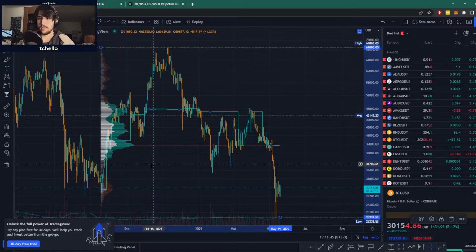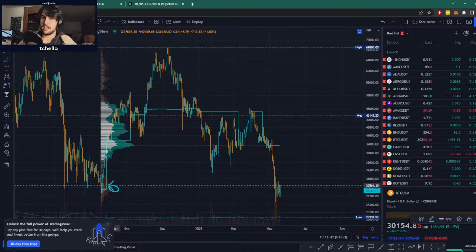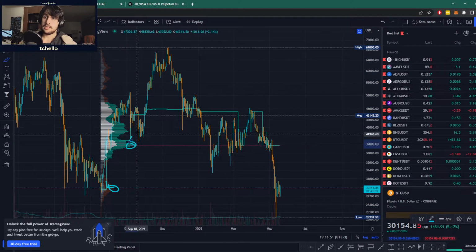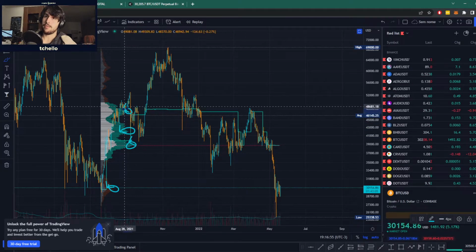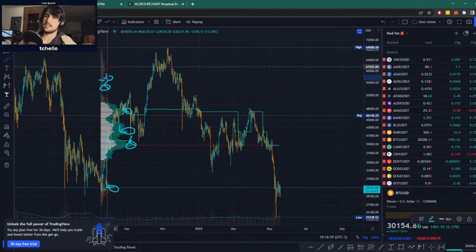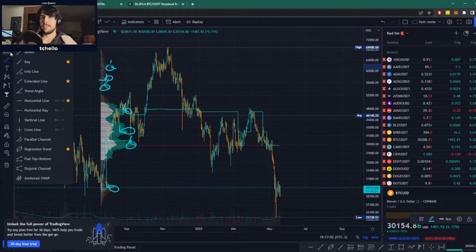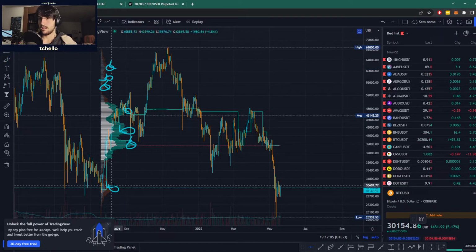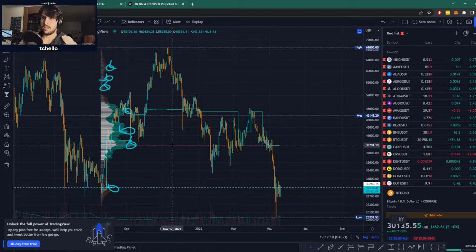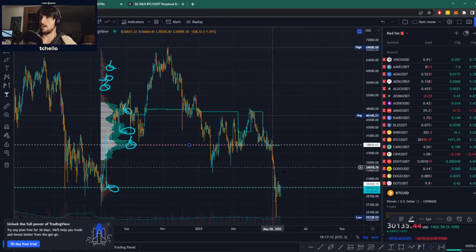So what this does essentially, when you see a peak here, like every peak is essentially a level where a lot of the asset was traded, and therefore it can represent significant support and resistance in the future, all right? So for example, this level right here would be like a key level, and then you have a key level around here, and so on and so forth.